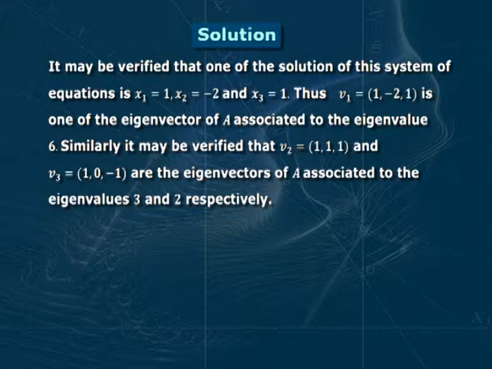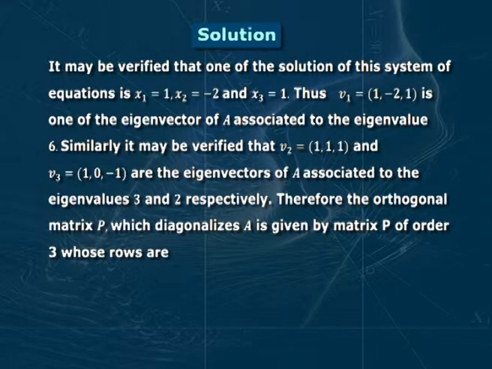Similarly, it may be verified that V2 = (1, 1, 1) and V3 = (1, 0, -1) are the eigenvectors of A associated to the eigenvalues 3 and 2 respectively.